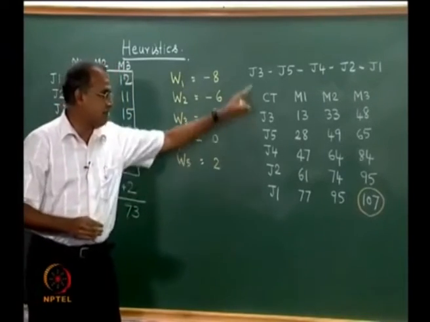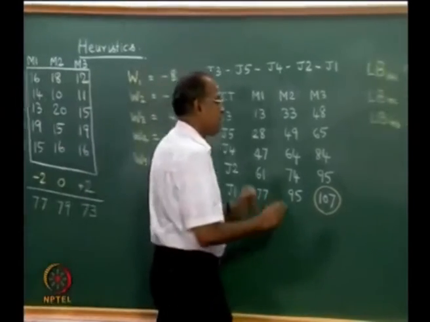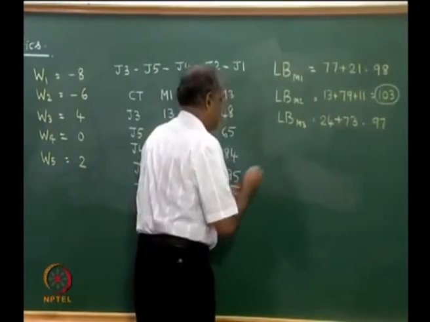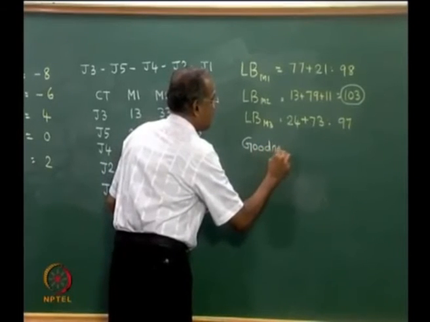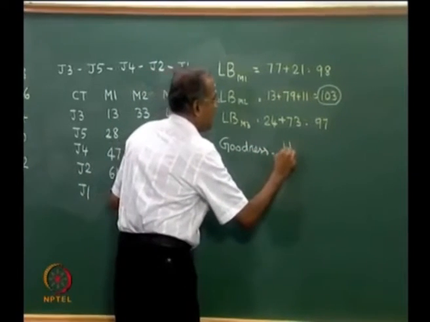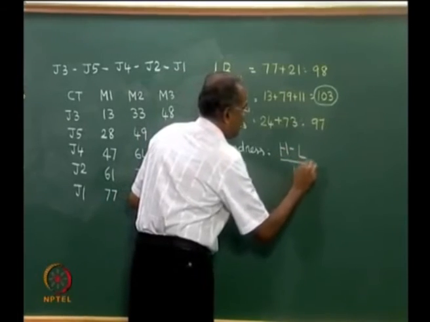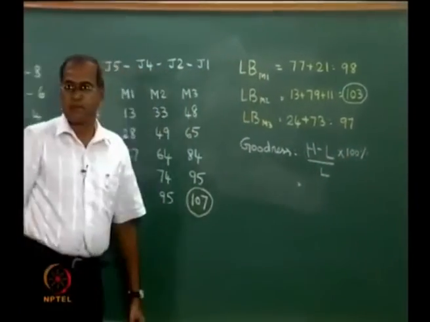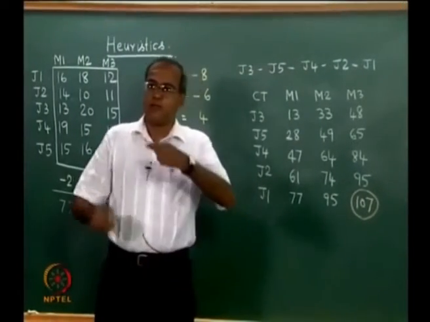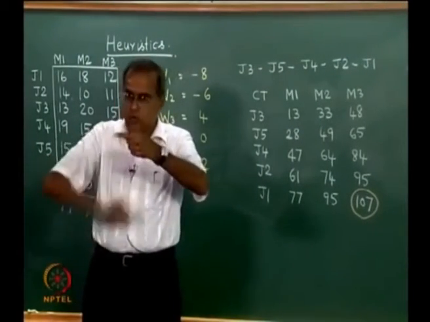So, the goodness of this will be (H minus L) by L into 100%. Now, we assume the worst case, where the optimum is the lower bound.